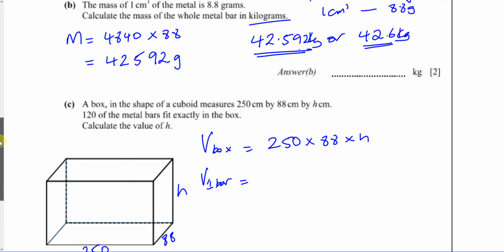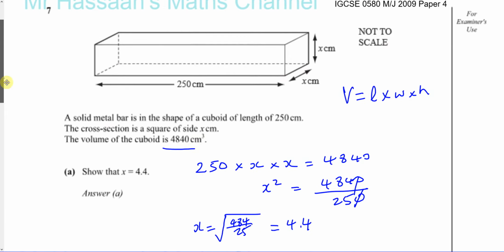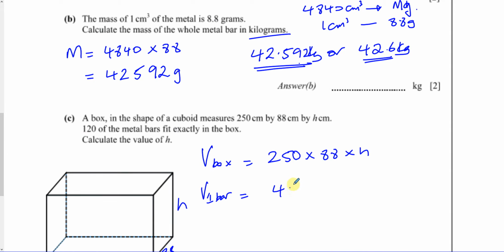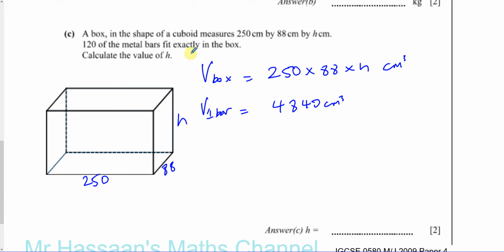Which they told us here already. The volume of one of these bars is 4,840 centimeters cubed. And if 120 of the bars fit in the box, then the volume of the box divided by the volume of one bar has to be 120.